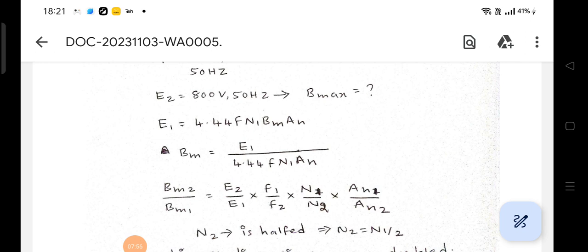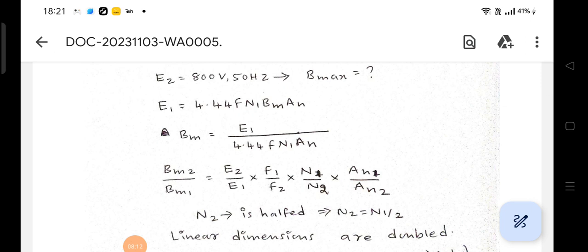Because direct relation, and inverse relation means opposite, right? That is F1 by F2. In the starting case the frequency is the same, that means F1 = 50, F2 = 50. Next, N1 by N2, inverse relation, right? N1 is N1 only, N2 is N1 by 2. Why? Because the number of turns is halved, as mentioned in the problem, N2 = N1 by 2.